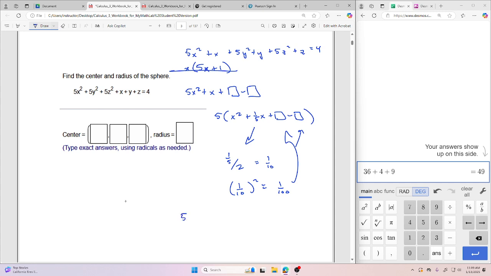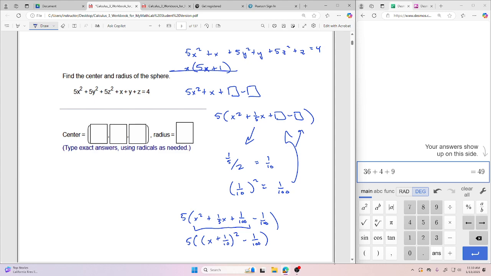So what I would have then is a plus 1 over 100 and a minus 1 over 100. And you can see I'm only doing x because that's the only part that matters. And then this right here would turn into this plus 1 over 10, I believe, squaring it.